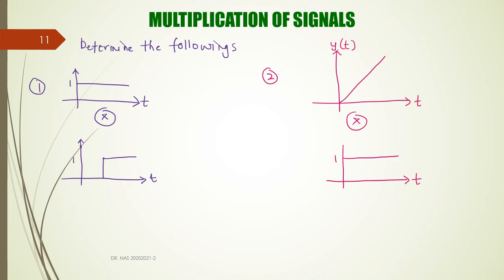Okay, the same goes for multiplication. You need to consider point by point multiplication. For example, here up to 3, so 0 to 3.